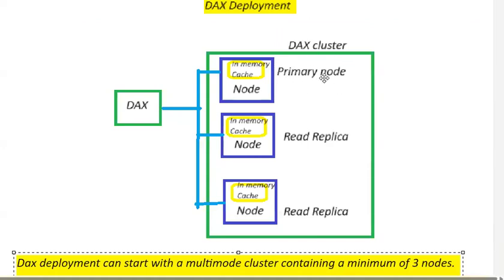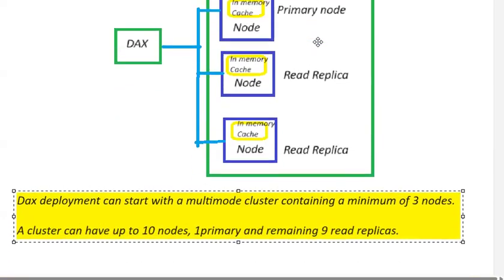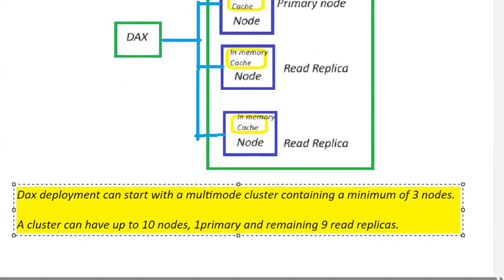You can say one node we call the primary and the other nodes we call read replicas. So in a DAX cluster, you can create up to a maximum of 10 nodes.